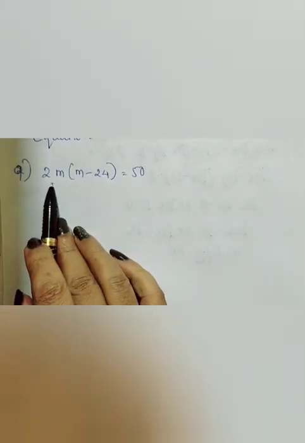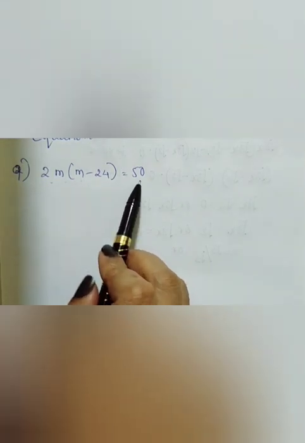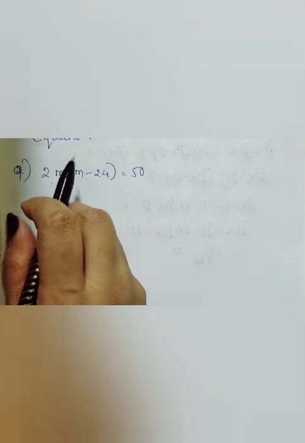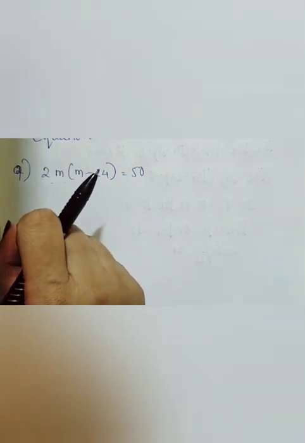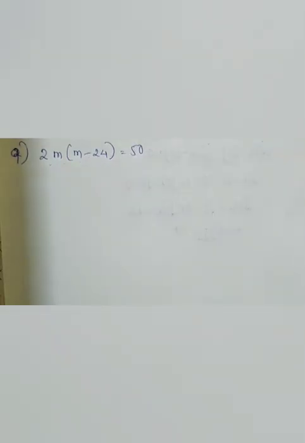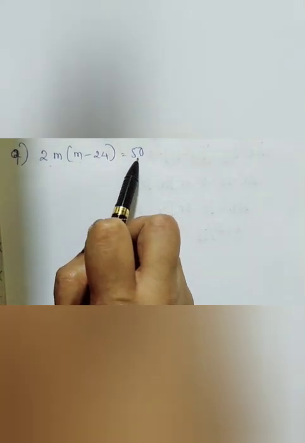So the next equation is given: 2m in bracket m minus 24 equal to 50.